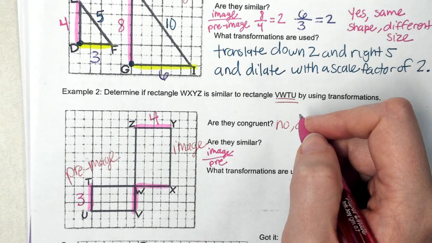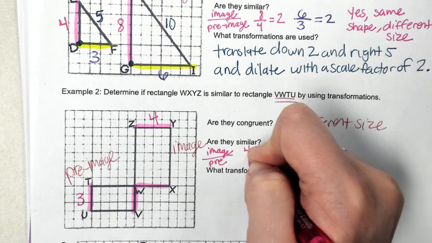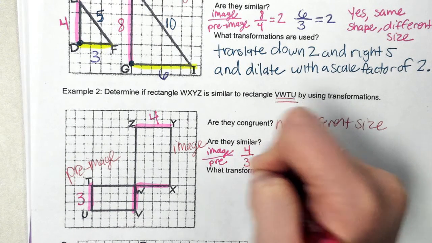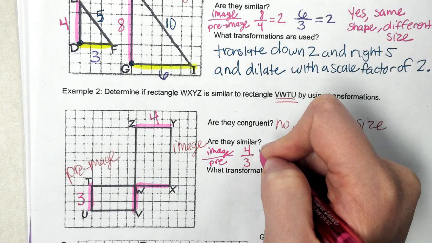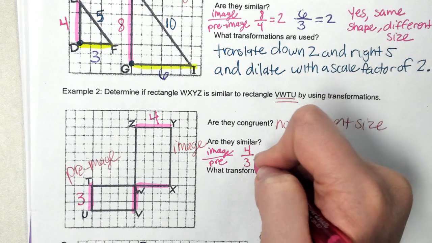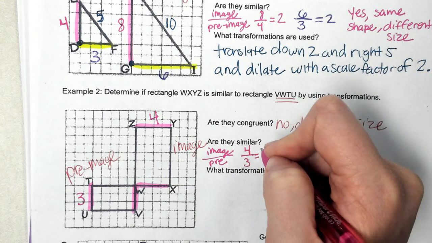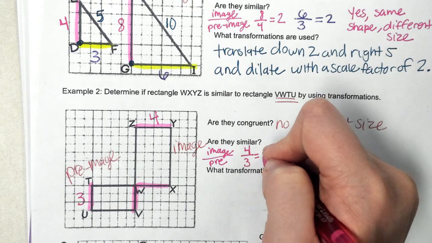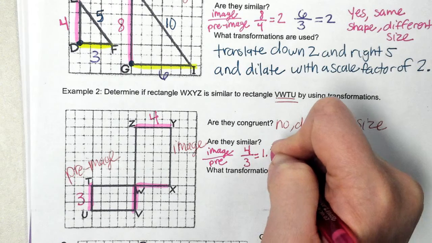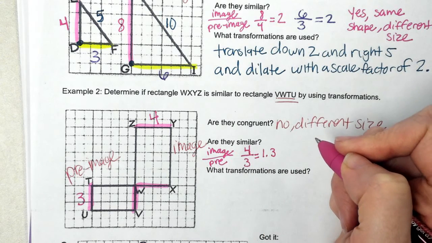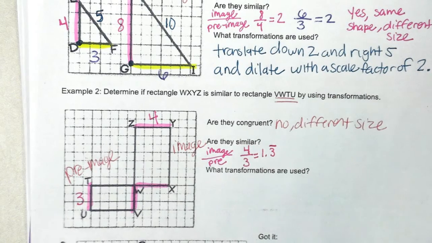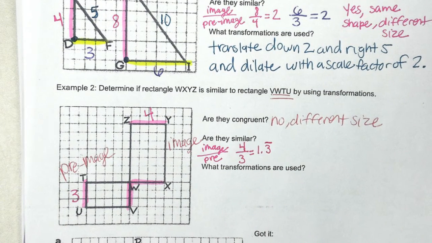So we're doing 4 over, what was for the pre-image? 3. Very good. Guys, in your calculator, can you please do 4 divided by 3? Reese, what did you get? 1.3 repeating. Guys, can I write 1.3? No, that is not the same. You have to write the exact number for me.